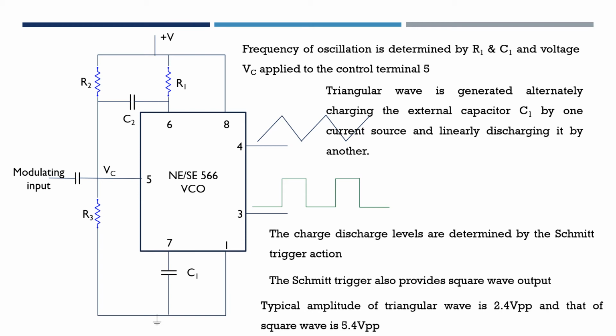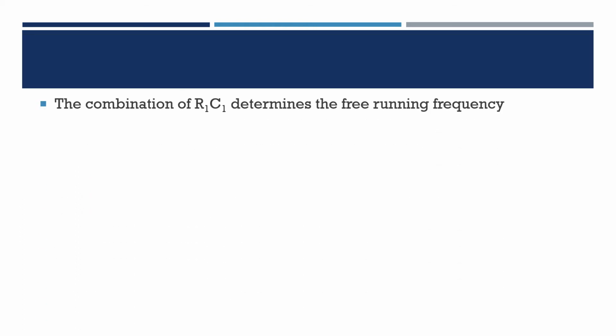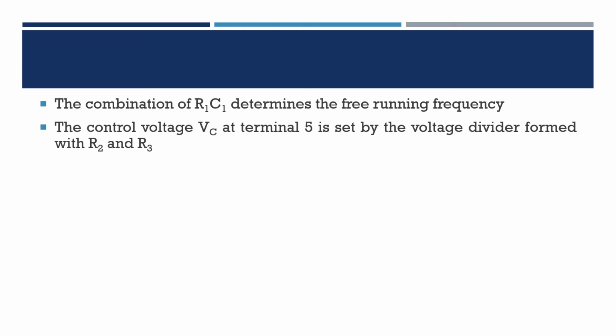The major part is the combination of R1 and C1, and it plays a major role, as well as the control voltage VC we apply to pin number 5. These play the major role in obtaining the frequency. The combination of R1 and C1 determines the free running frequency of the PLL.